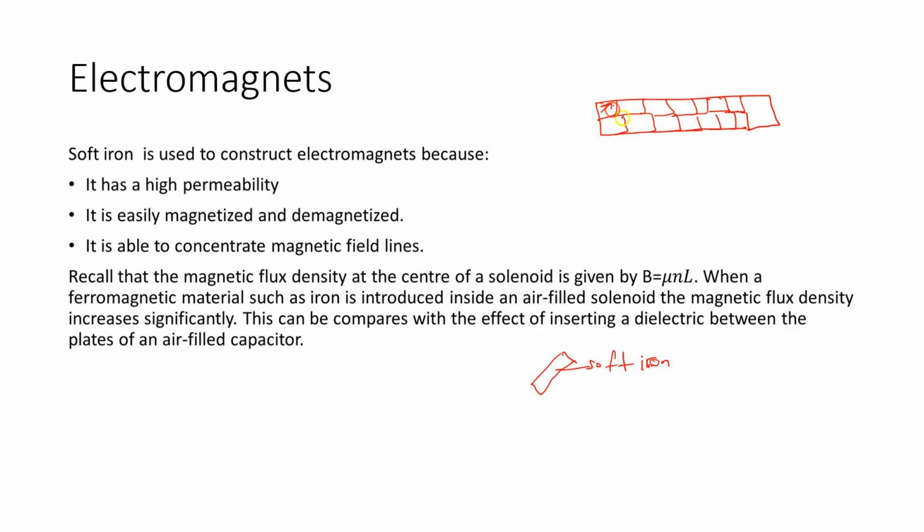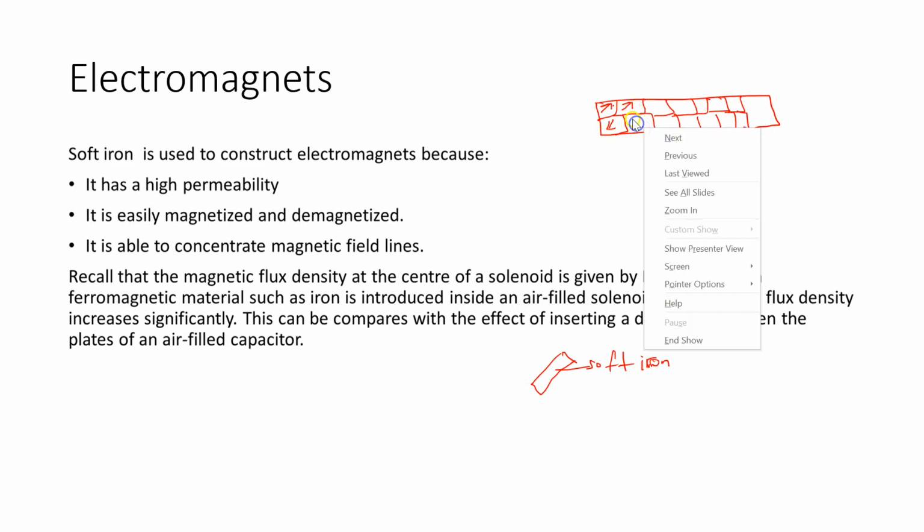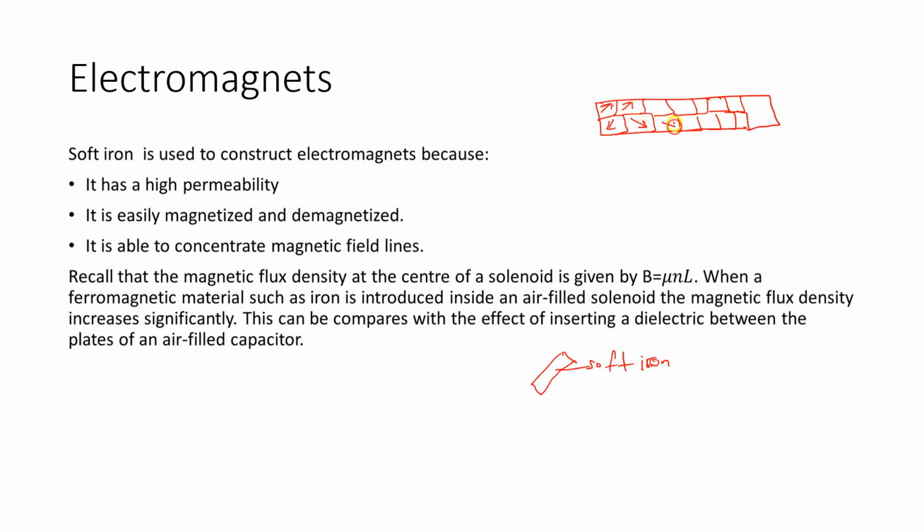These domains are in random positions. This is how the domains look before it becomes magnetized, going in random positions. But as soon as we magnetize the material, those domains line up perfectly in one direction, so to speak. So let's imagine that all of them are lined up like this. That is what is taking place when we magnetize the soft iron.